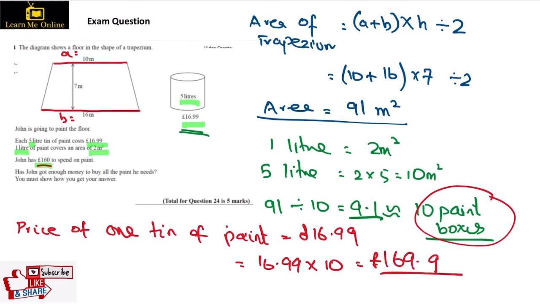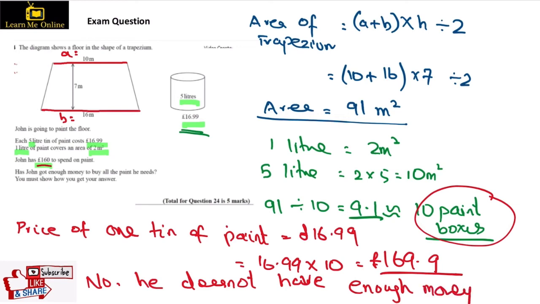Because John has got only 160 and he needs 169.9, we say that no, he does not have enough money. So remember that we write down our final line by answering has he got enough money or not? Then we say that no, he does not have enough money to buy the paint.